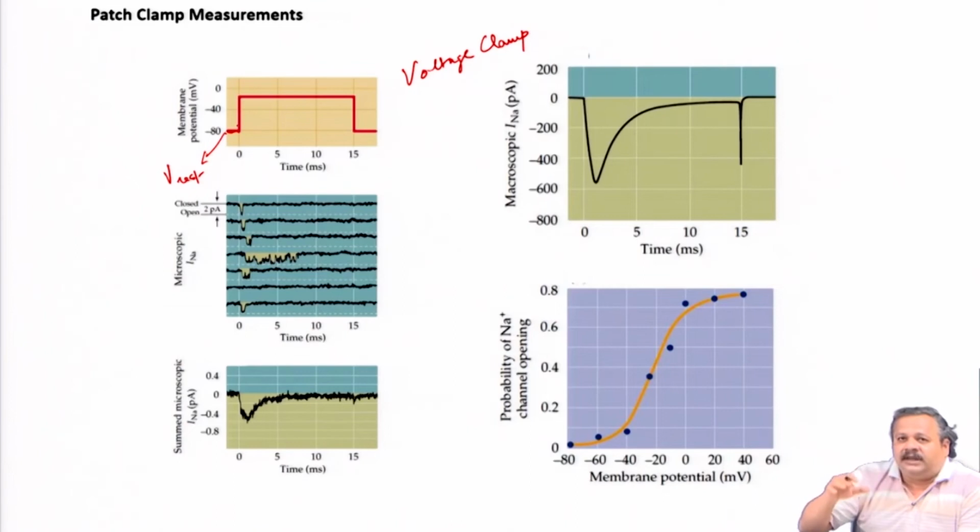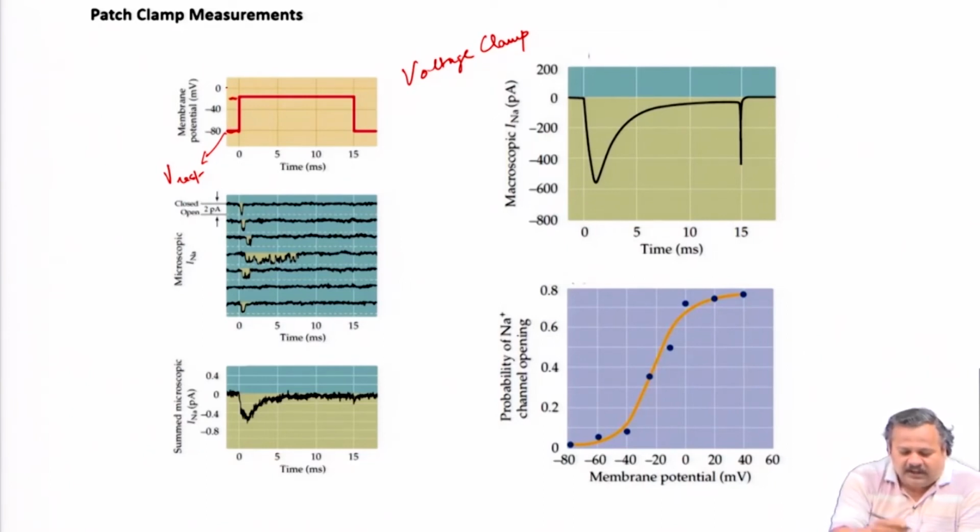The resting membrane potential, as you recollect from the beginning of our lectures, is the voltage that allows no net current across the membrane, and the membrane potential stays there if the neuron is left undisturbed. That is the resting membrane potential, and this is where the clamp is being set.